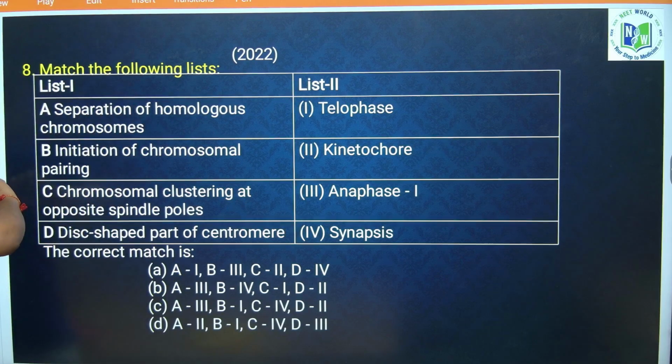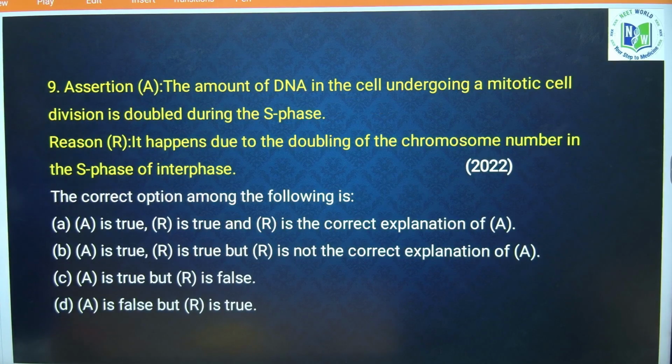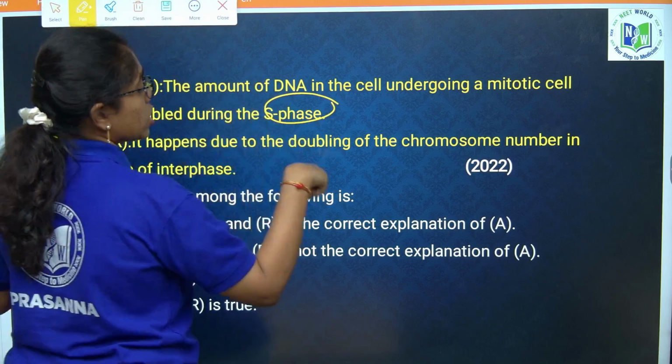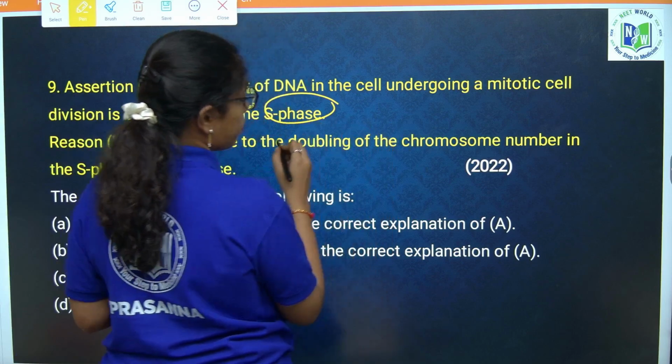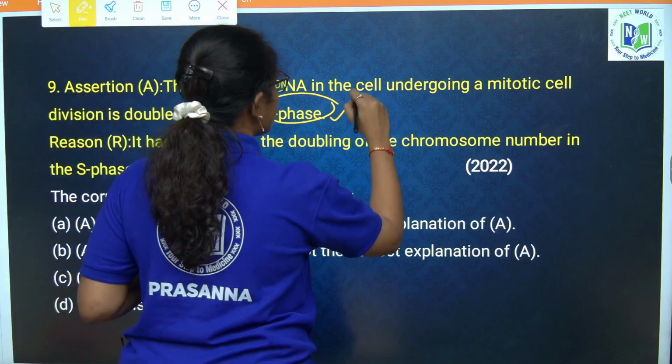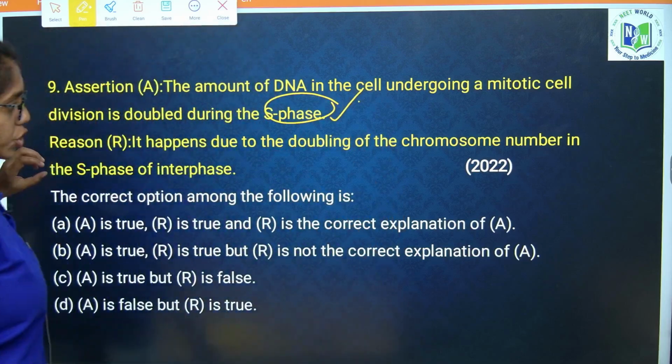Next question. The amount of DNA in the cell undergoing mitotic division is doubled during S phase. Of course, DNA duplication or replication happens in S phase and doubling of DNA content happens in S phase. The assertion is true.